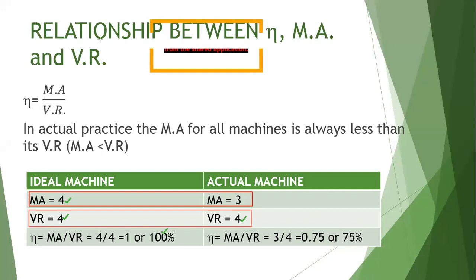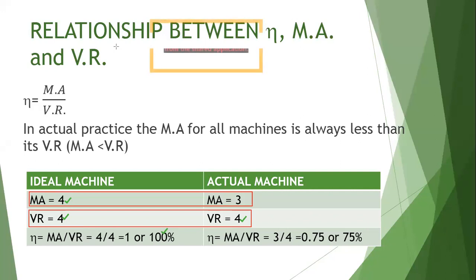So understand that when it comes to the actual machine and the ideal machine, the VR of the ideal and actual machine remains the same. The velocity ratio of the ideal machine and actual machine remains the same. Then what changes?